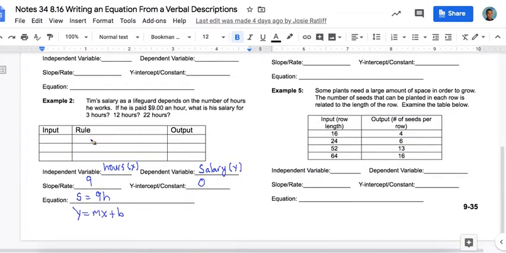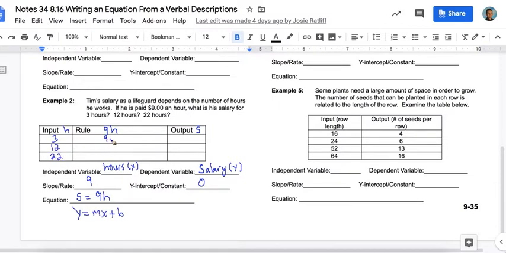So now we have to write our rule up here. We have 9h. And our input is going to be our h, and our output is going to be our s, or salary. So our inputs are 3, 12, and 22. Let's go ahead and write those in. And now I'm going to plug it into the rule.